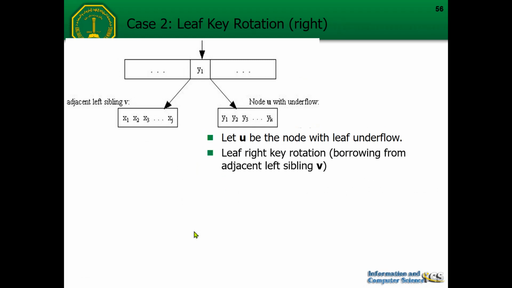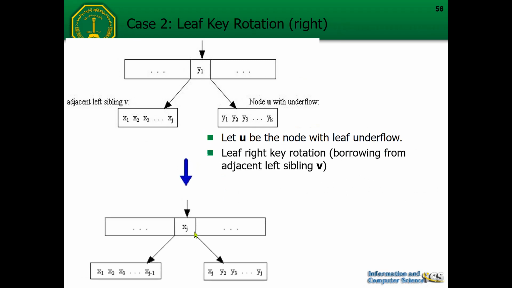Now in the second case, we have the left key rotation in the right direction. So basically now we have the case that the right leaf node is underflow, meaning that we need to borrow some key from the sibling. It happens that in this example, the left sibling contains enough keys that can be borrowed.